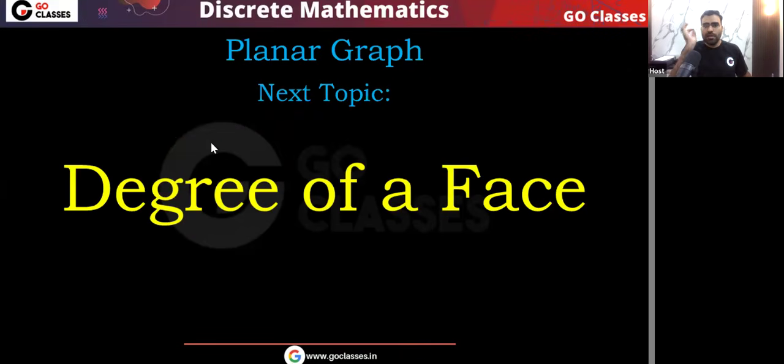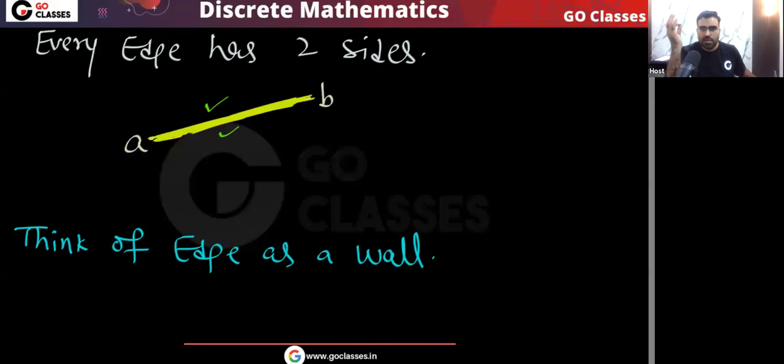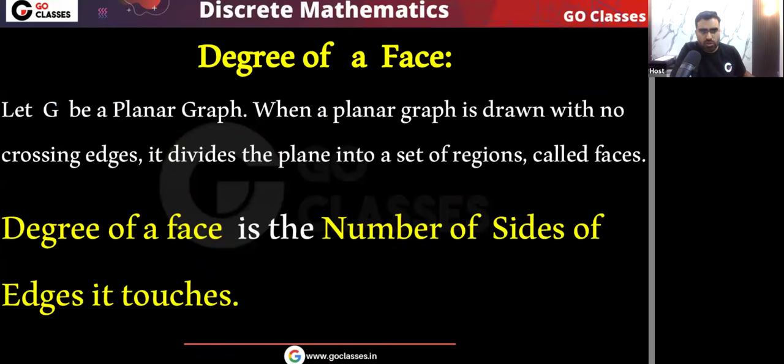Understand the definition. Degree of a face is the number of sides a face is touching. Please understand, the degree of a face is the number of sides of edges it touches. Is this clear?